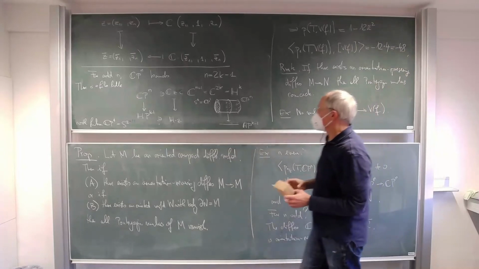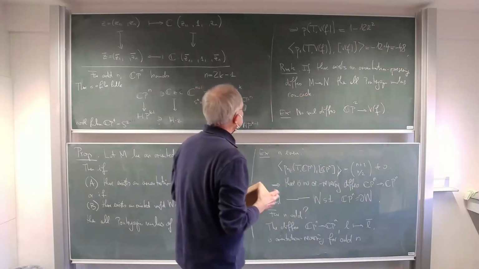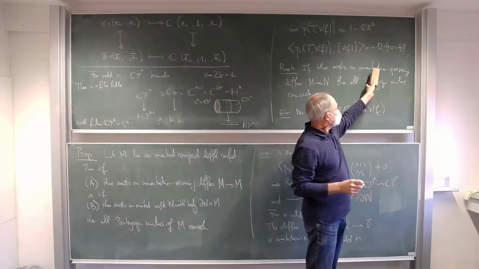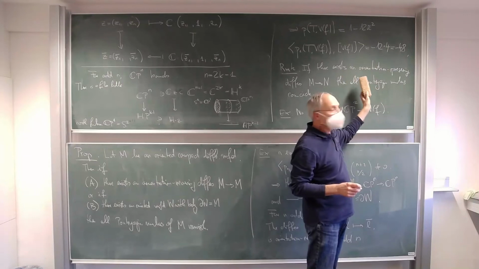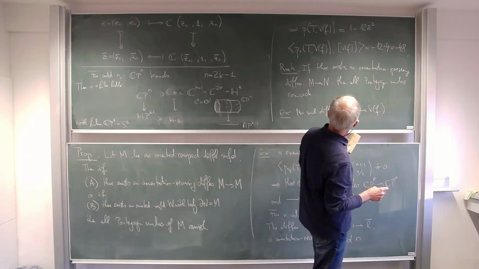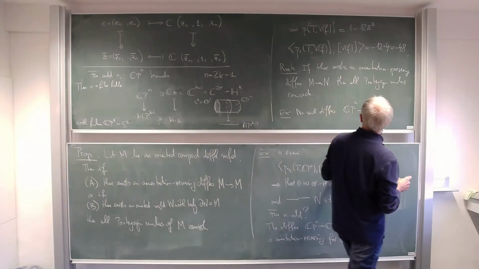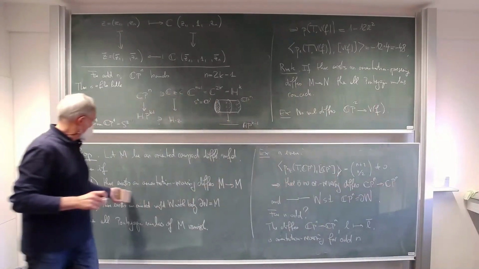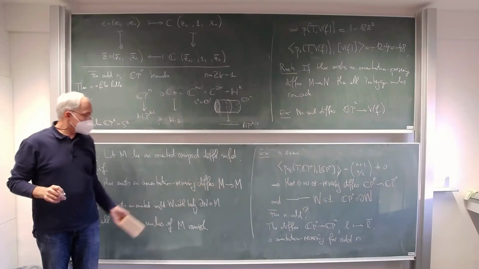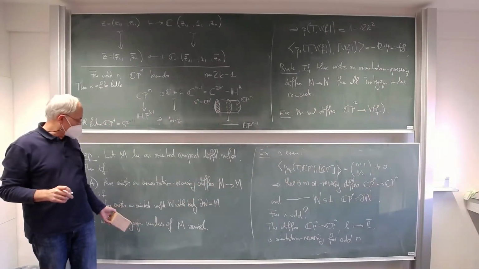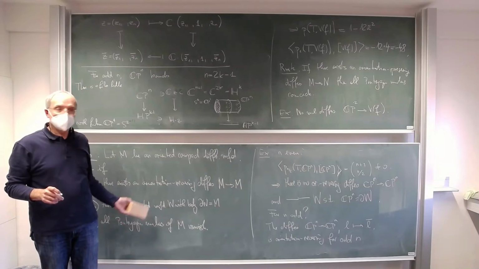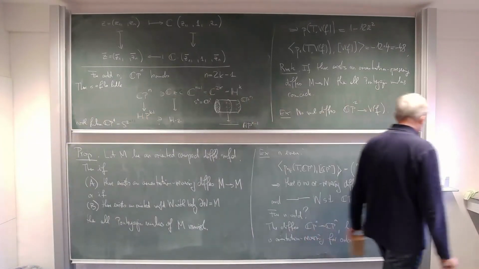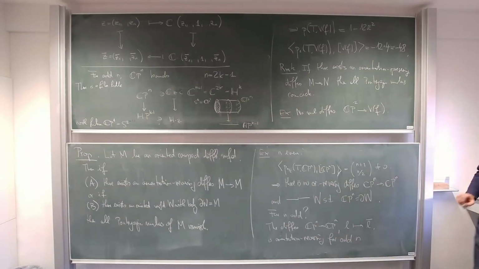And this tells us that also for the K3 surface there is no orientation reversing diffeomorphism, and also it does not bound. Because of this, there's not much else to say. So it applies also in that case.